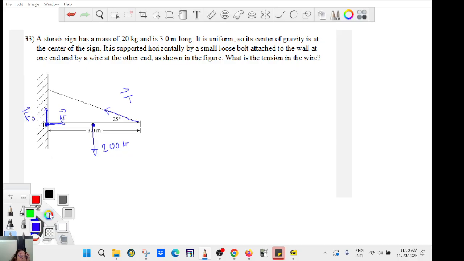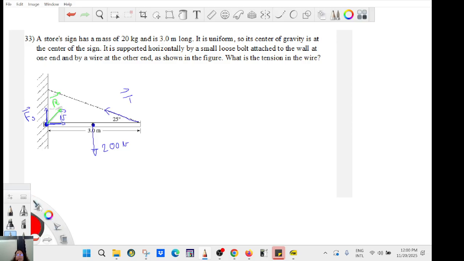Now, in mechanical engineering or civil engineering classes, they will say, okay, you have another force here, and they call that force R. They take those two forces as components of a force, and they call that force R, because it's a reaction from the wall.